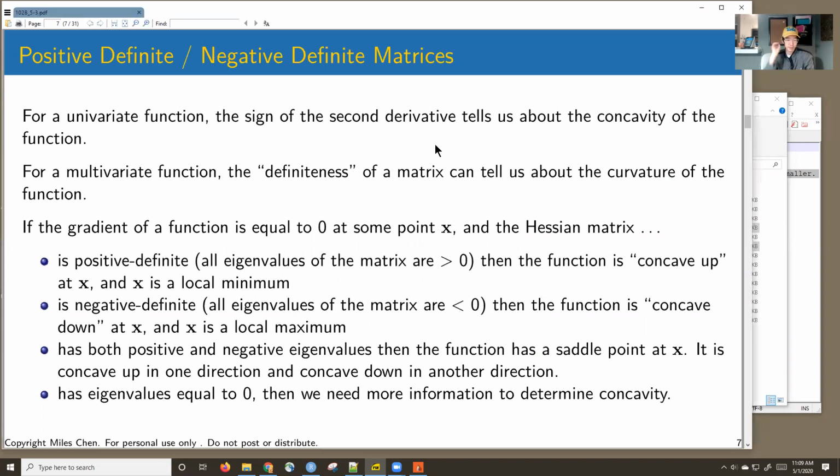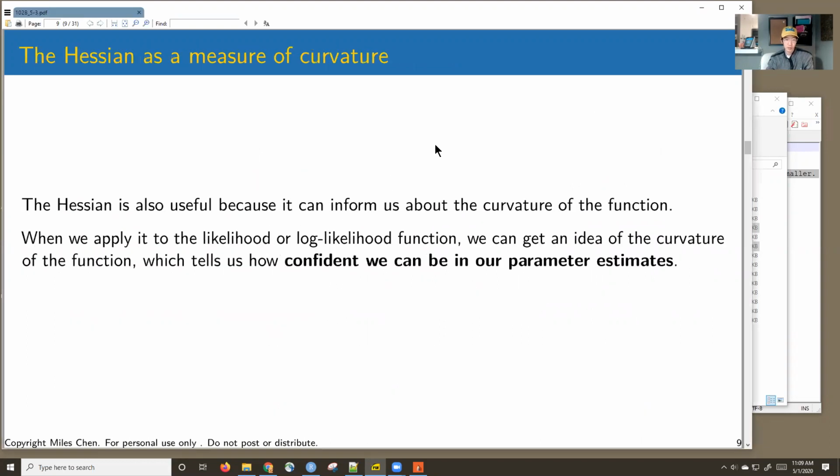And so, like, the second derivative of a univariate function told us about the curvature of the univariate function, and similarly, the Hessian matrix of a multivariate function tells us about the curvature of this multivariate function.